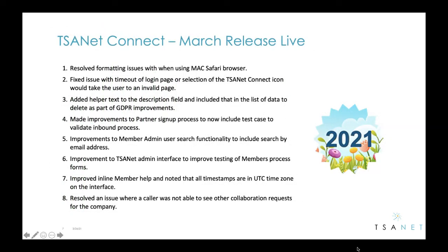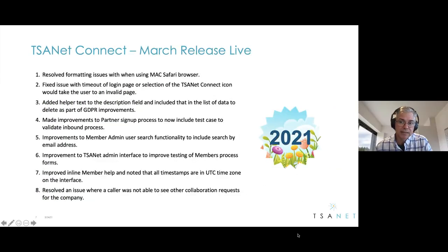So then taking a look at the March release, this is a release that we just closed. We had a few things here. I'm just going to highlight a couple of important ones. We had a couple of issues with some browser versions and a couple issues that maybe were not seen by a lot of members, so I would put those in the bug fix category.